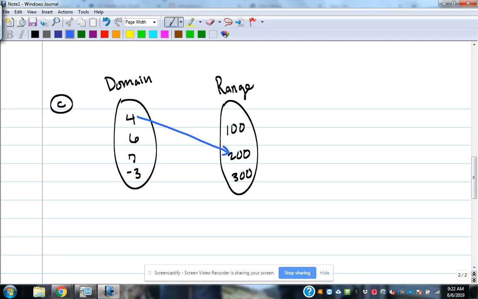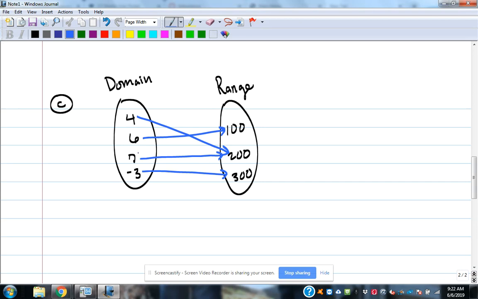So what that's saying is, hey, we've got this ordered pair, 4, 200. The x value is 4, the y value is 200. So it's just a different way of writing ordered pairs. They just try to represent it in all these different ways. And then the 6 goes with the 100. And then maybe we have 7 going with 200. And then -3 with the 300. So with this one, we look at those domain values and see, are any of the domain values repeated? With the mapping, you're just looking, are there two arrows coming from the same x value?